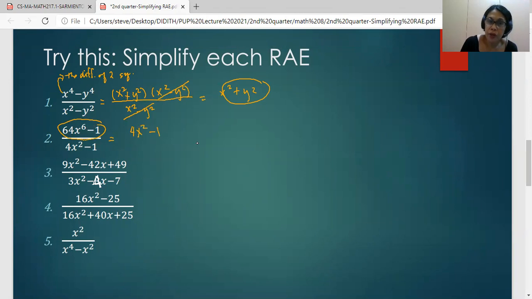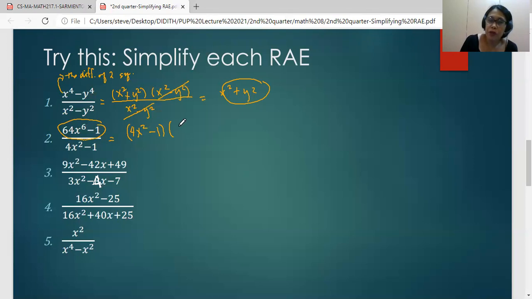So this is the binomial factor. Now, how did we get 4x squared minus 1? The 2 here are the cube roots of the 2 here. So we know again that extracting the cube root of an algebraic expression is just dividing the exponent of the variable by 3. So we got 2 here.